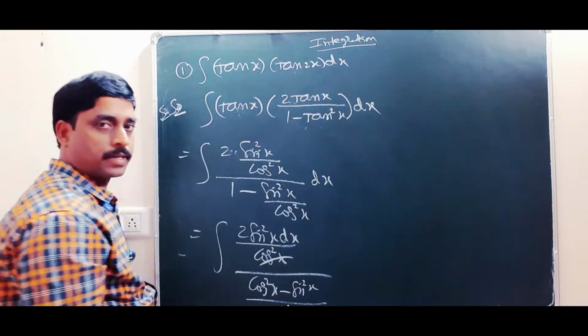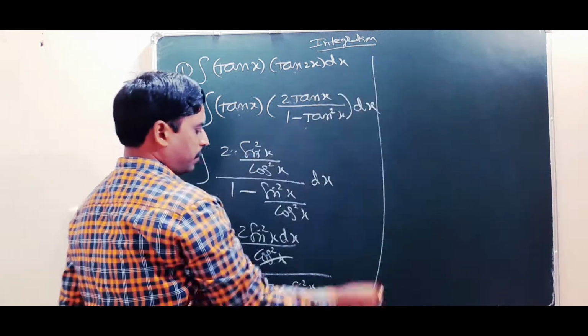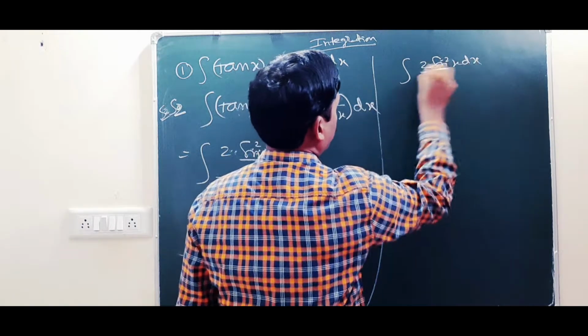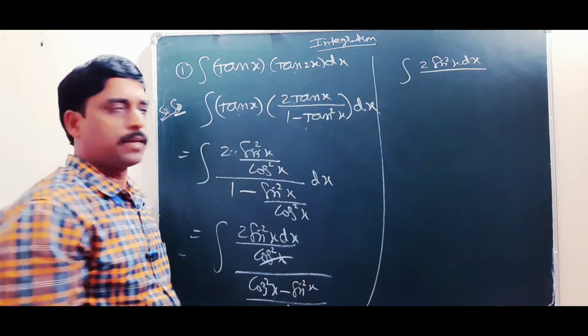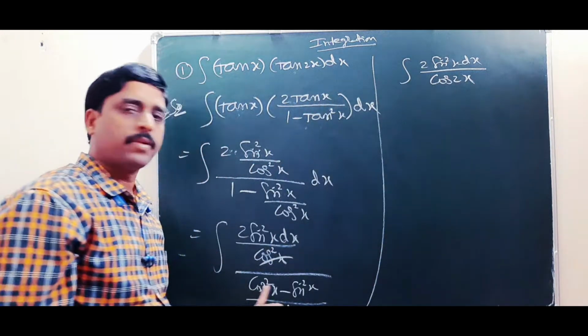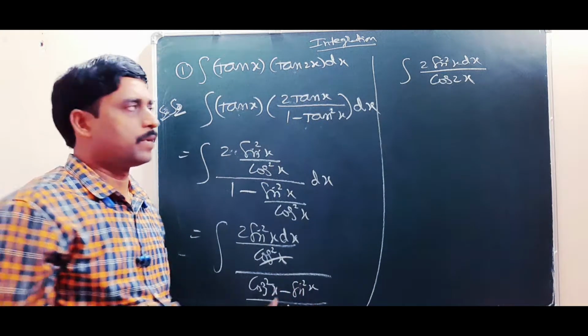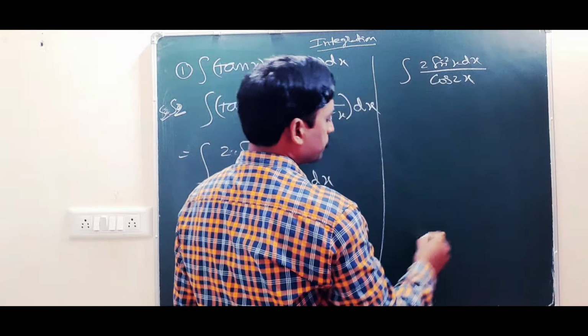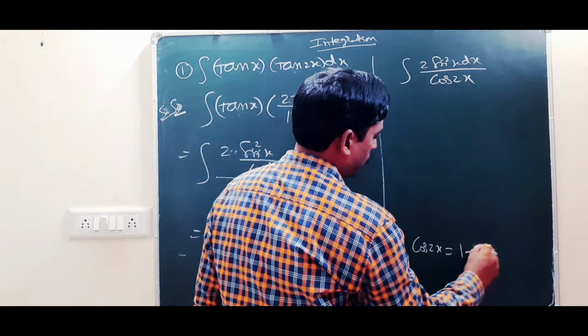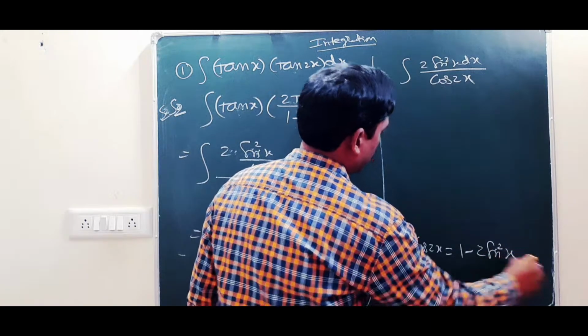One cos square x gets cancelled. It will be integral 2 sin square x dx by cos square x minus sin square x, whose value is cos 2x. The formula for cos 2x is also 1 minus 2 sin square x.